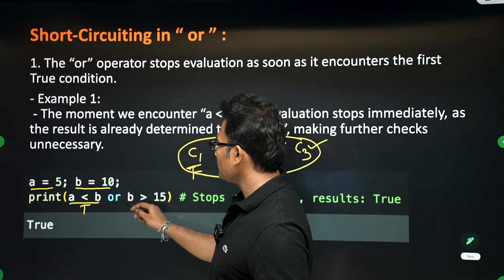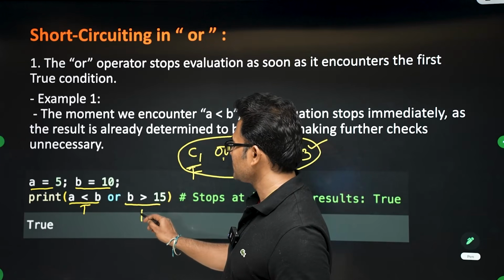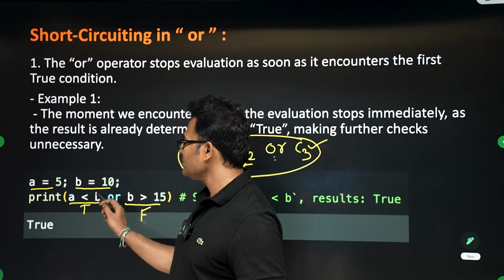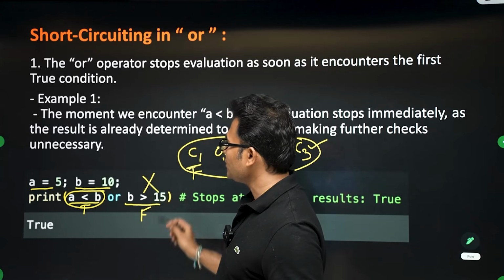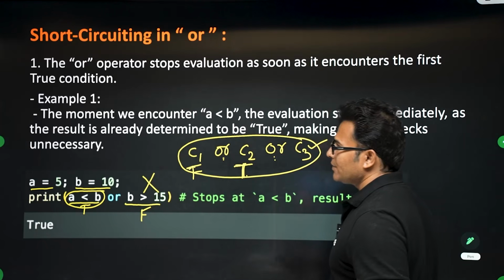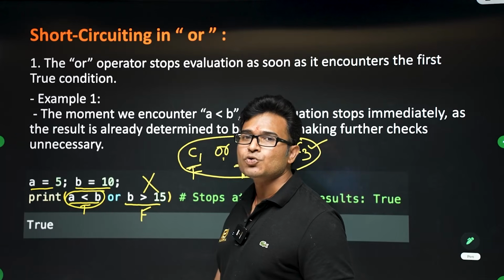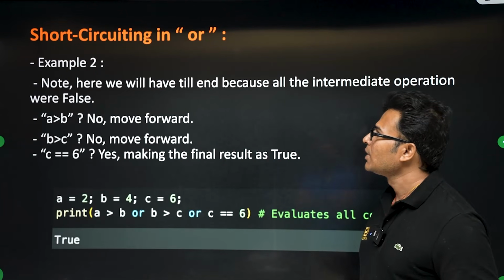Is B greater than 15? This is false. So whenever A is less than B is true, the other condition will not be evaluated at all. That is unnecessary. If one of the conditions happens to be true, we stop evaluating from there.